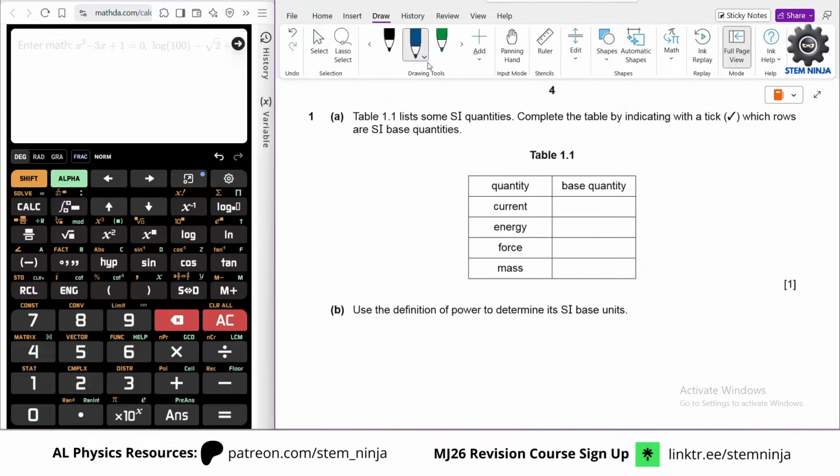Question number 1. Table 1.1 lists some SI quantities. Complete the table by indicating with a tick which rows are SI base quantities.